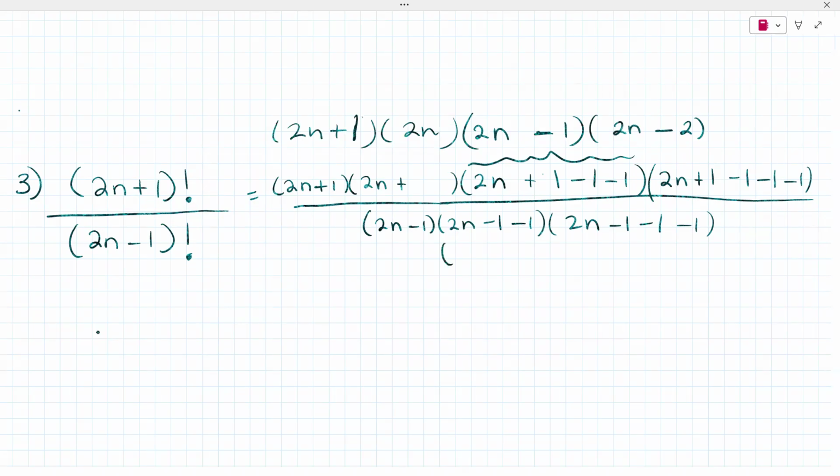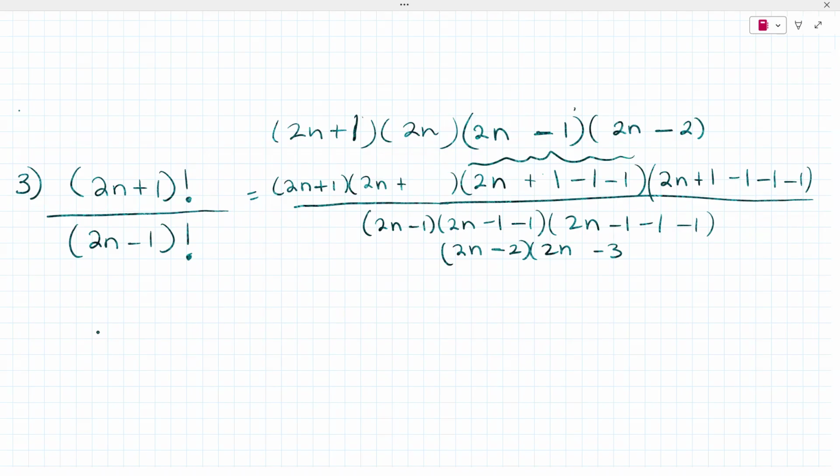This is going to be 2n minus 2. This is going to be 2n minus 3. So this is where you can start canceling. What can we cancel?